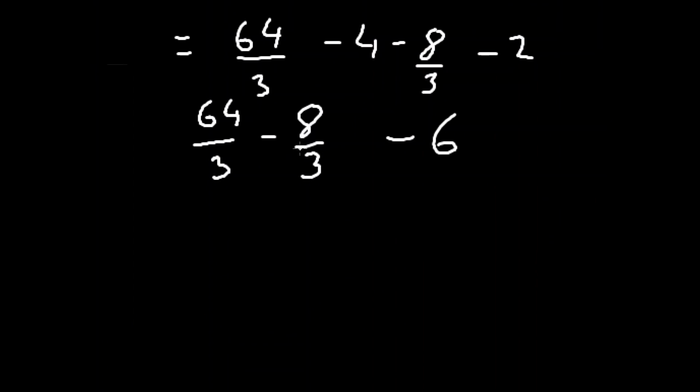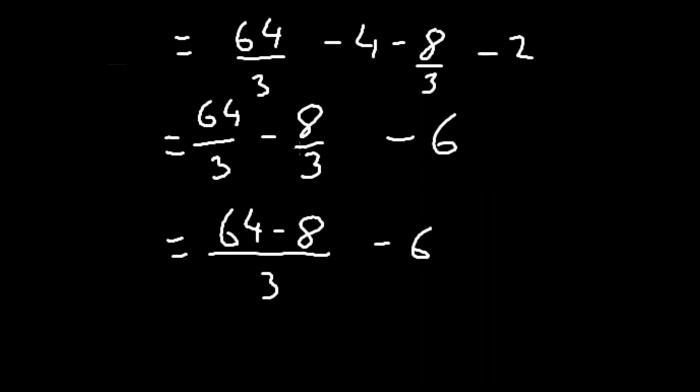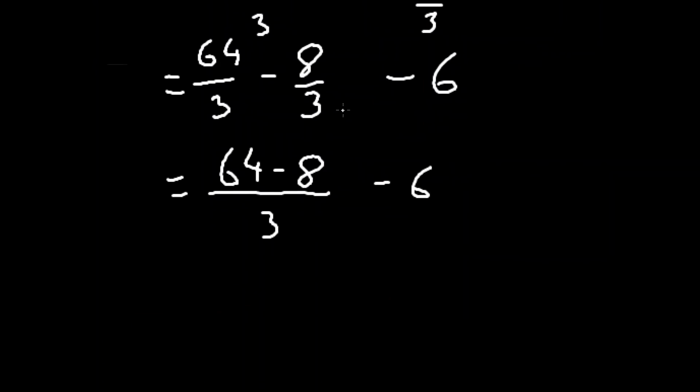So how much pizza have you got left? That becomes 64 minus 8. And if you really get stuck with fractions, these are the hard exam questions. You've got to get good at fractions, so keep practicing these concepts. Okay, and that will become 64 minus 8, which is 56 divided by 3 minus 6.